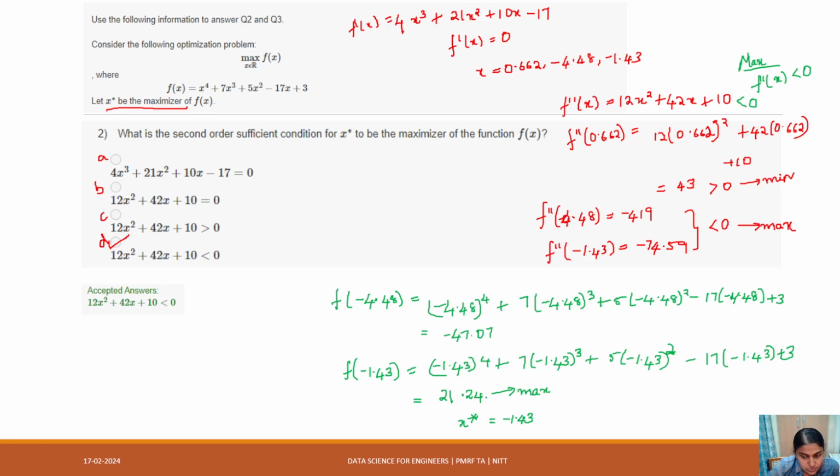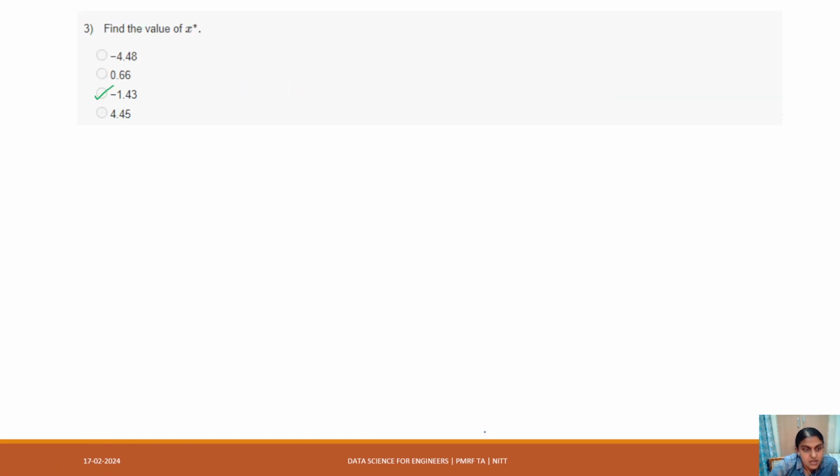So 21.24 is the maximum value. And which value is giving that maximum value? The x star value of minus 1.43 is giving that value. That's why you can go with this answer for x star. Okay, I hope that's clear. Any doubts you can ask.